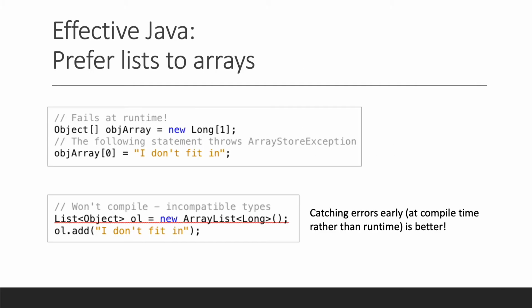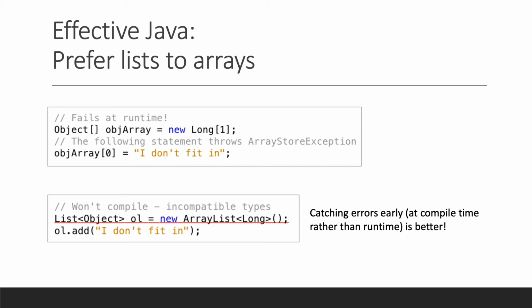Another recommendation is to prefer lists to arrays. Once you learn about lists, there are no compelling reasons to use arrays in your programs. Using a list is convenient, as it can grow automatically if necessary, so that you don't have to keep track of its size and manage it programmatically. Another benefit is that a list checks its type at compile time, while an array enforces its type at runtime.